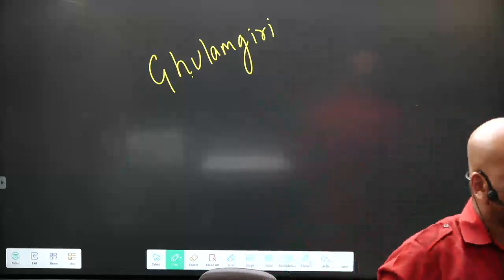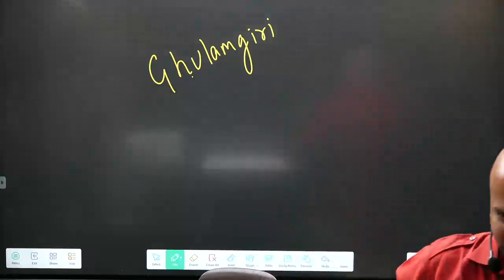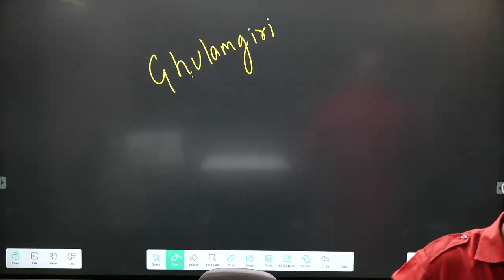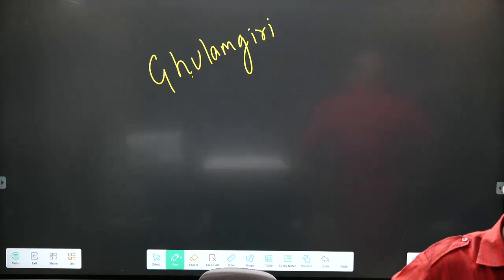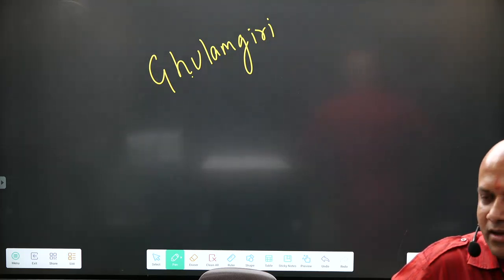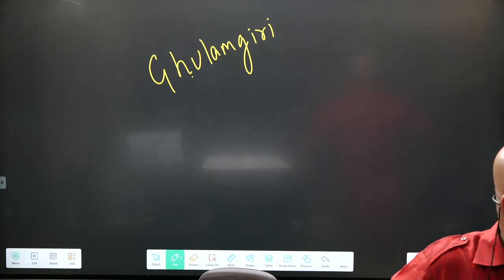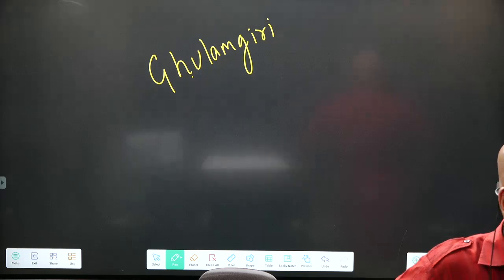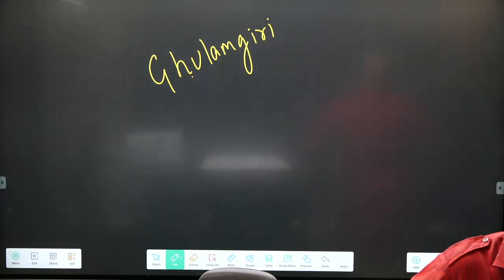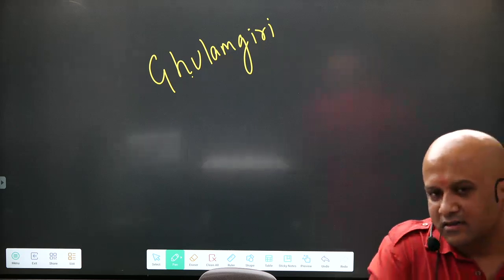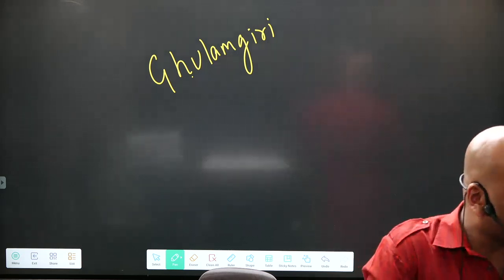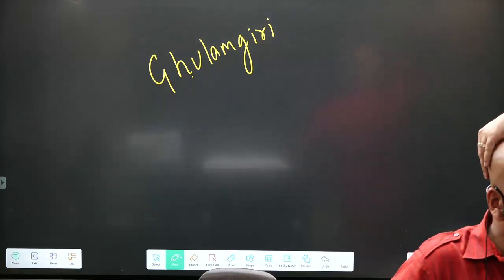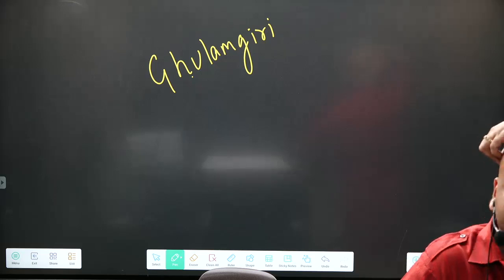Phule also championed women's education and supported Savitribai Phule, his wife's efforts towards the same. Phule also advocated agrarian reforms, a much less known dimension of his contributions. He's primarily seen as an anti-caste crusader, but he also advocated agrarian reforms.